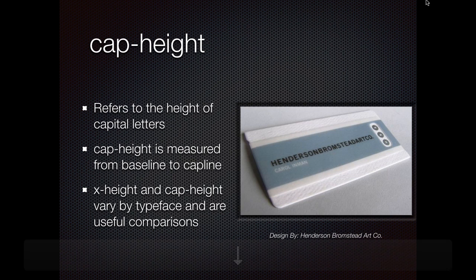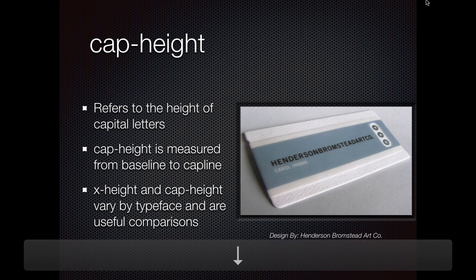Cap height refers to the height of a capital letter. There's a ratio between cap height and X height on any given font. Cap height is measured from the baseline up to the top of the capital letter, the cap line. X height and cap height vary depending on the font.